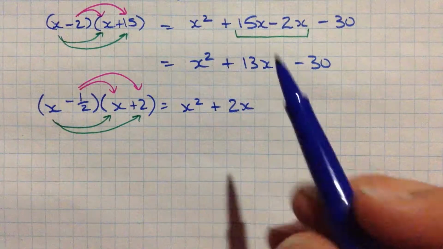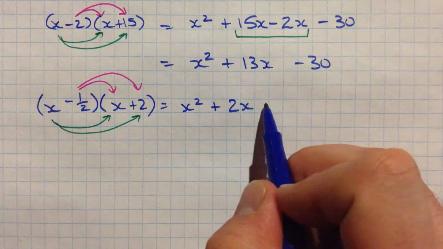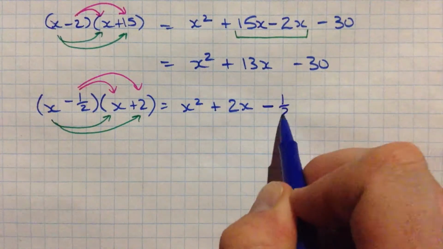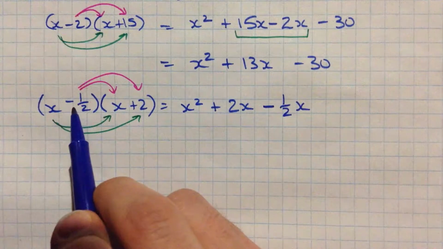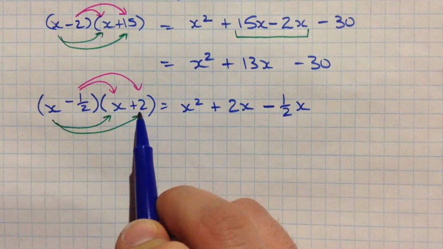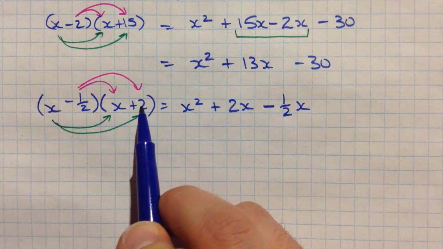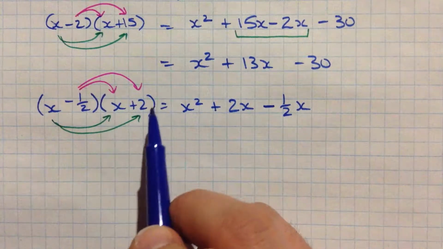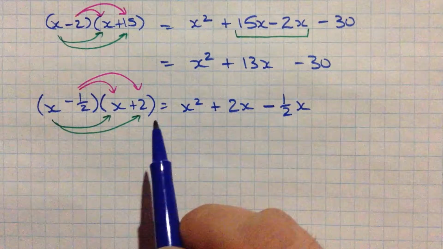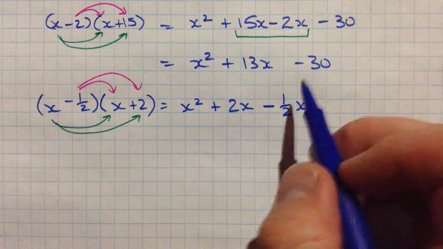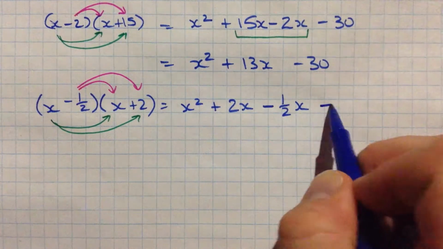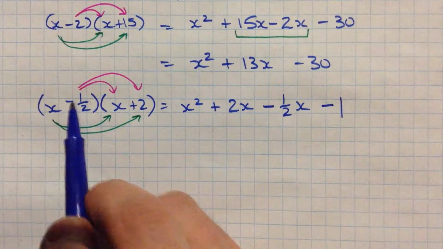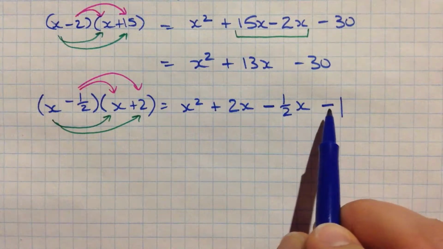Negative 1/2 times x is 1/2 of x, and it's negative, so let's subtract 1/2 x. And negative 1/2 times 2, 1/2 times 2 is 1. Multiply the tops, that's 2, multiply the bottoms, that's 2 times 1 is also 2, 2 over 2 is 1, and that's also going to be negative, because I've got a minus here and a plus there, that's a minus.